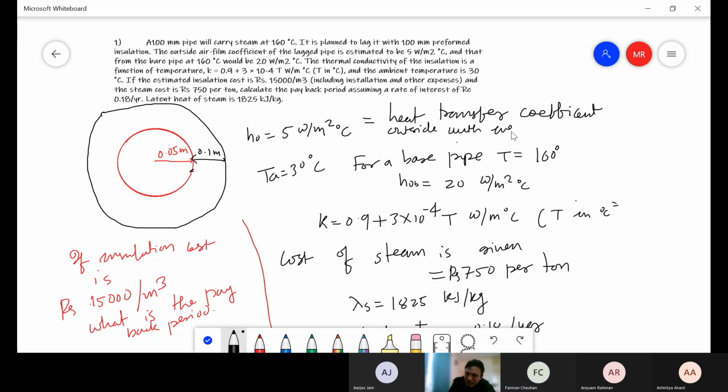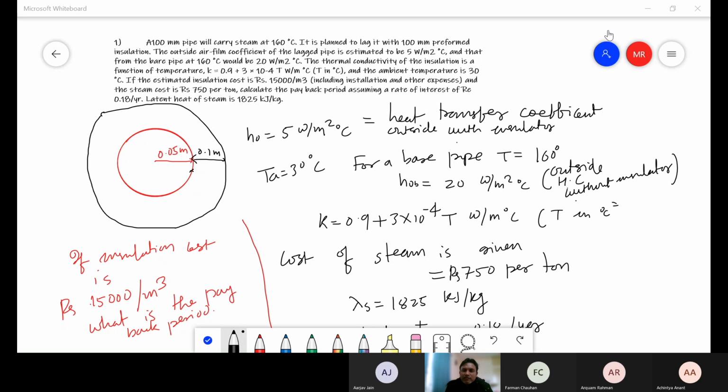And H_0B is the outside heat transfer coefficient without insulator. Now both are outside. Is it clear? Yes, sir. It's clear.